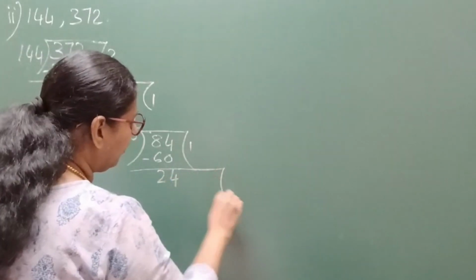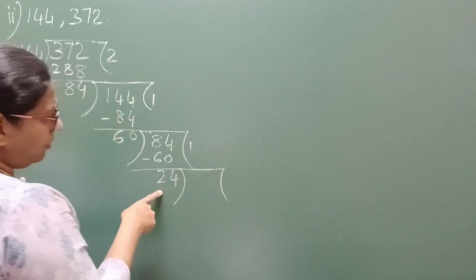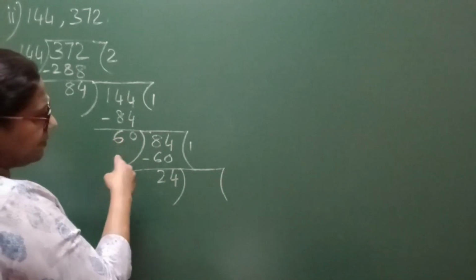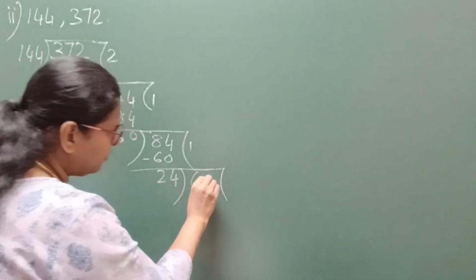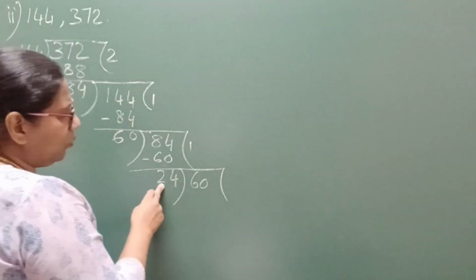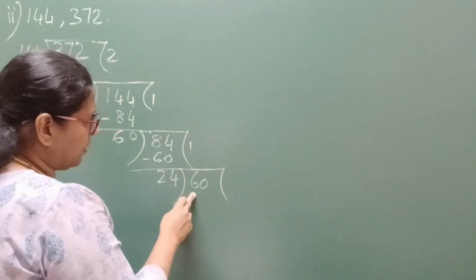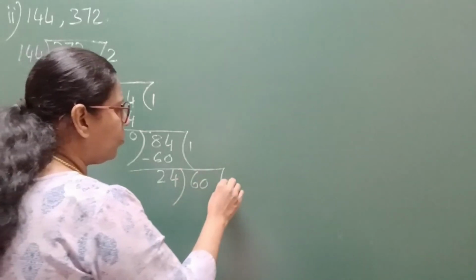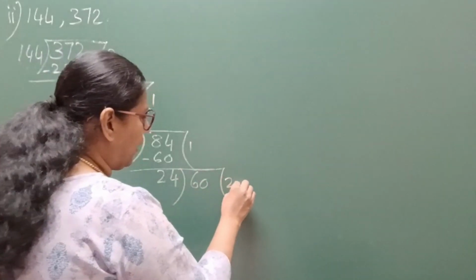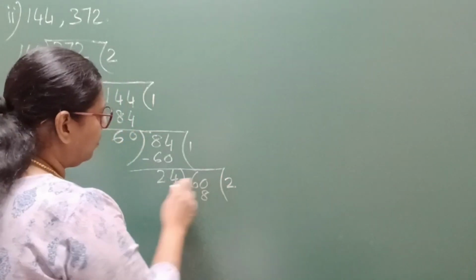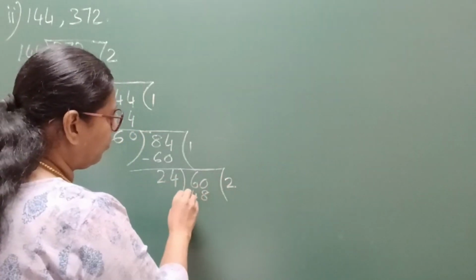This will be our divisor, and the 60, the previous divisor, will be our dividend. 60. Take 2, and here it is 6. 2 3s are 6, but we will go for 1 less. Okay, 2 4s are 8. 2 2s are 4.